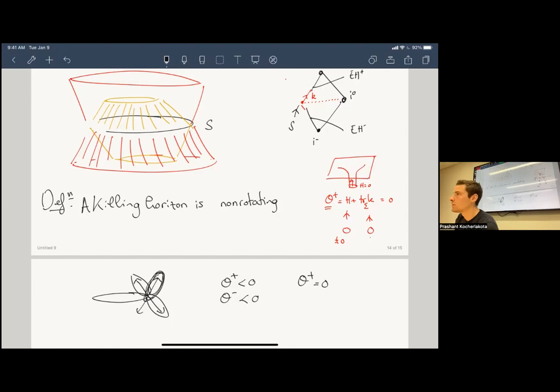No, but you can have that. You can have this direction being non-zero. Are you talking about this direction? I would have thought if your outward pointing one in the future is 0, the other one will also be 0. In this direction? Yeah.